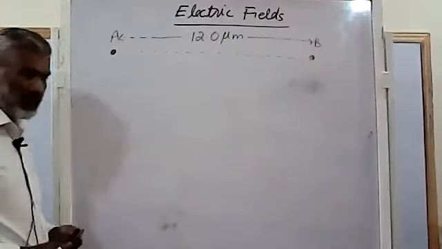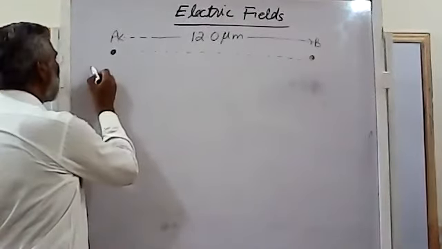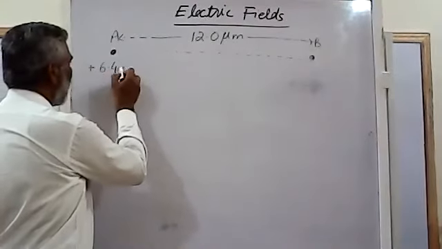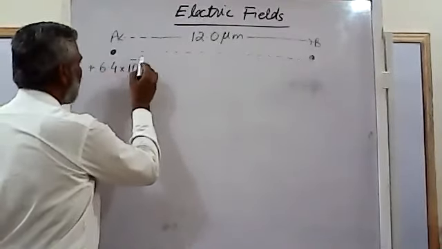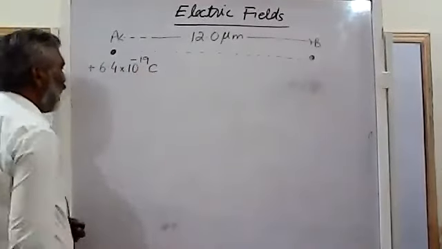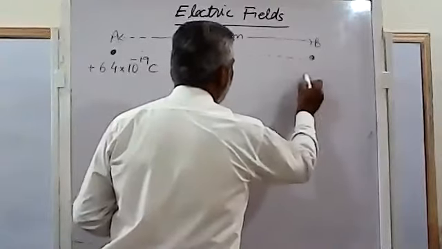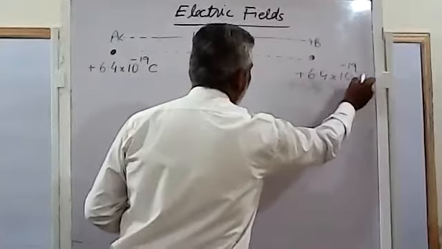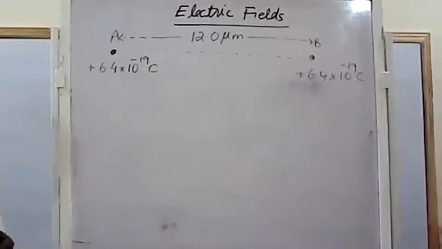Both are positive and their magnitudes are given. One is 6.4 into 10 raised to power minus 19 coulomb. And similarly, this is 6.4 into 10 raised to power minus 19 coulomb. So identical charges placed side by side at a distance that is known.